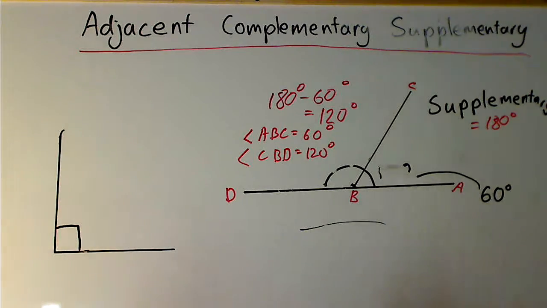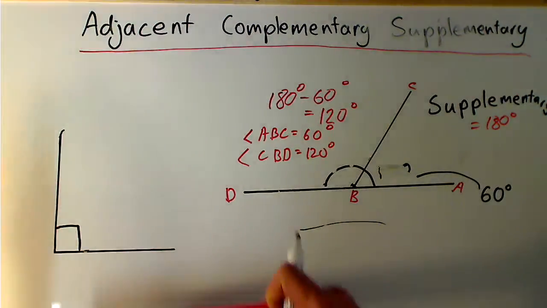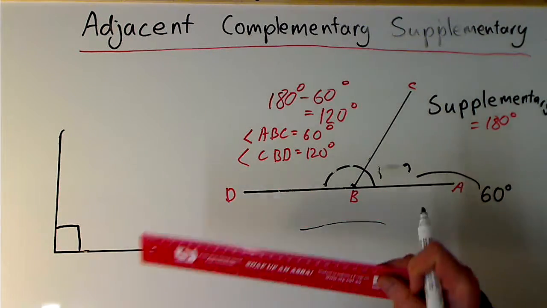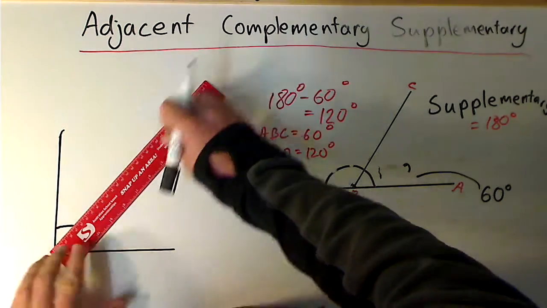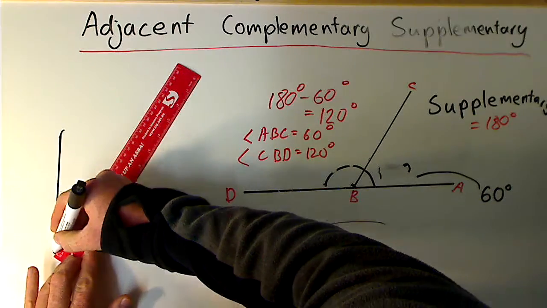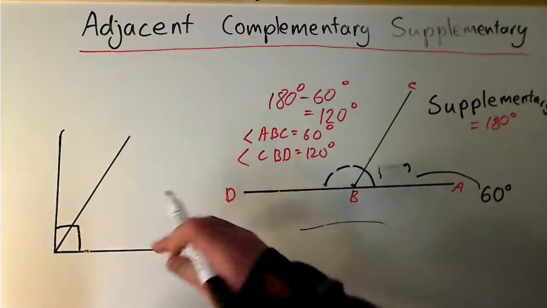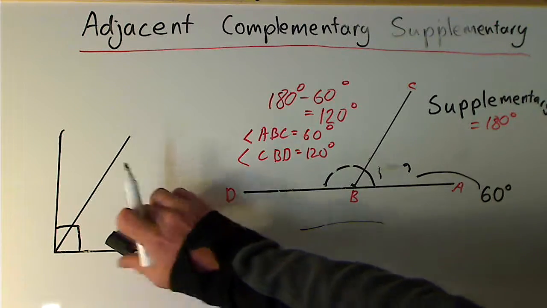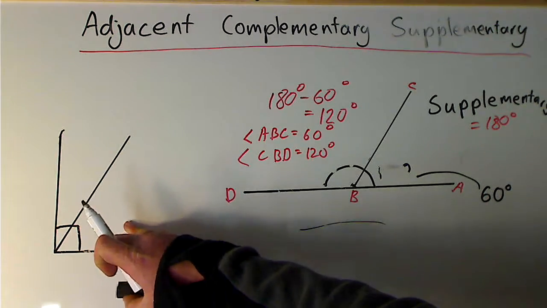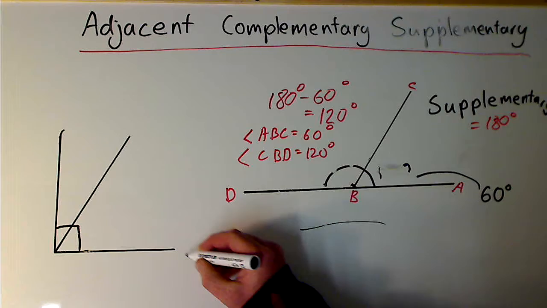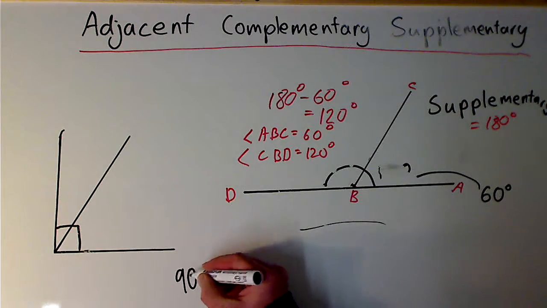Right, complementary angles. Let's just go there, shall we? Essentially you've got a right angle here. And by the same logic, if I cut it at a random point, they add up to 90 degrees.